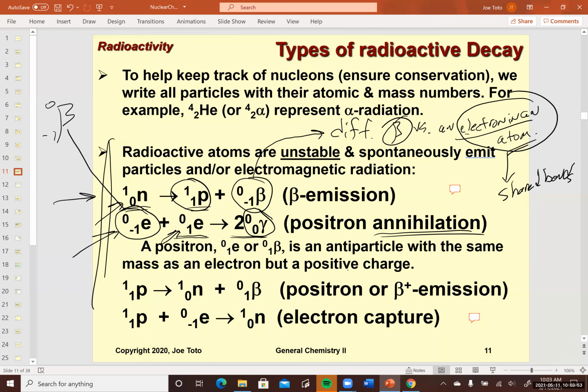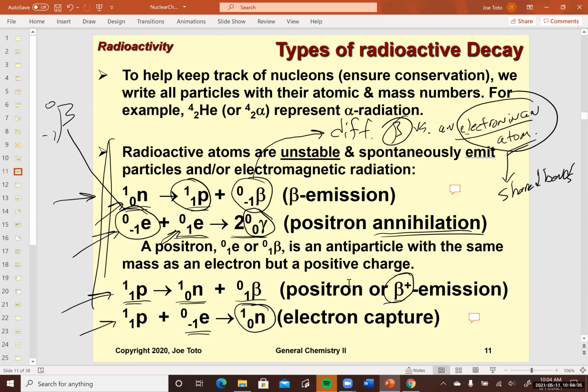All righty. Now check out this next possible decay or process. Here I have a proton that's converted into a neutron and a positron. This is called positron or beta plus emission. Sometimes it's referred to as that. And this last one, again, I have a proton, this time reacting with an electron and forming a neutron.